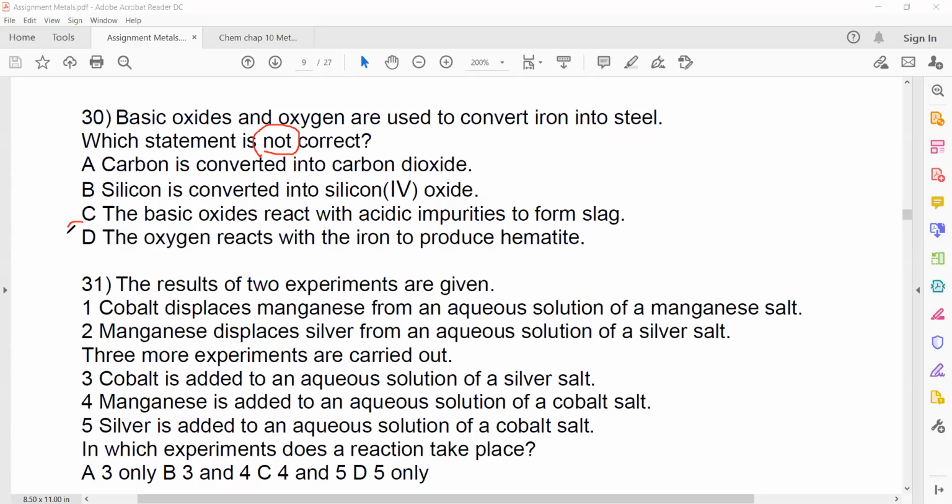D is the right answer, because when converting iron into steel, you can see already it is impure iron.